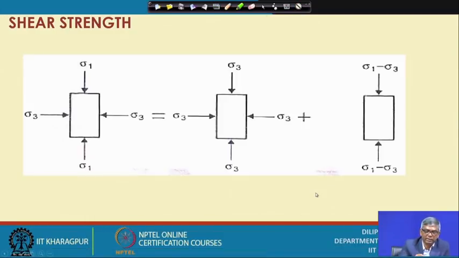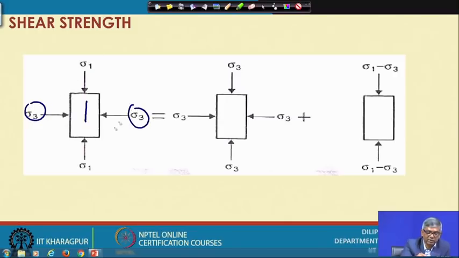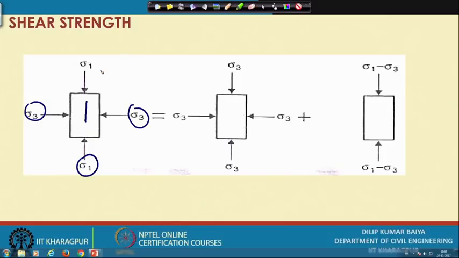You can see at any stage of the test, this is the sample, and I can visualize that sigma 1 is acting and sigma 3 is acting all around. This is the visualization I can do for the sample, but we have conducted the setup in 2 stages.